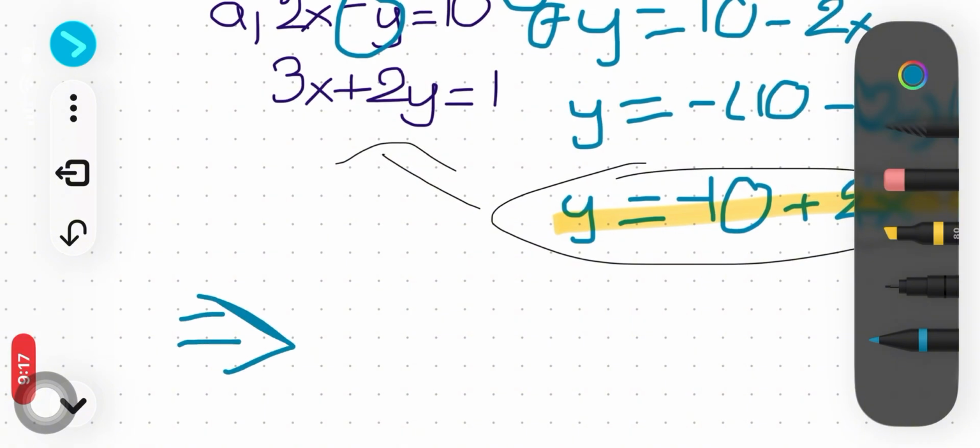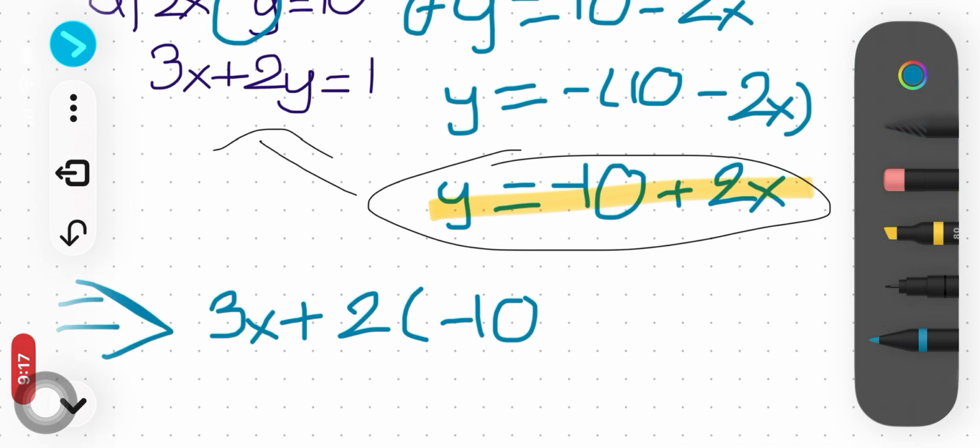Then now we have 3x plus 2 times (minus 10 plus 2x) equal 1.